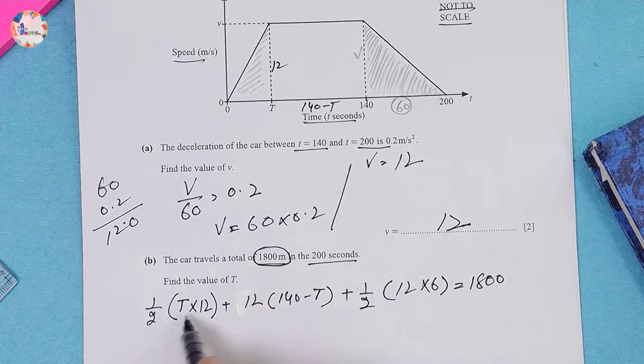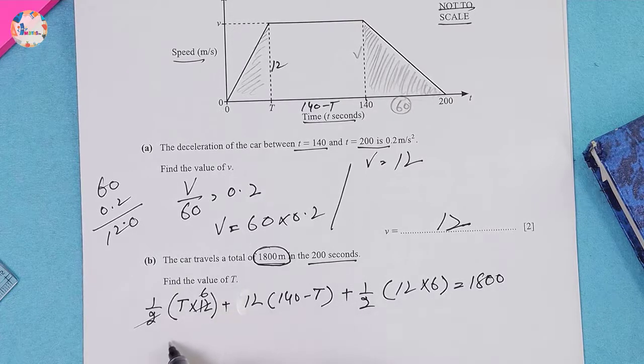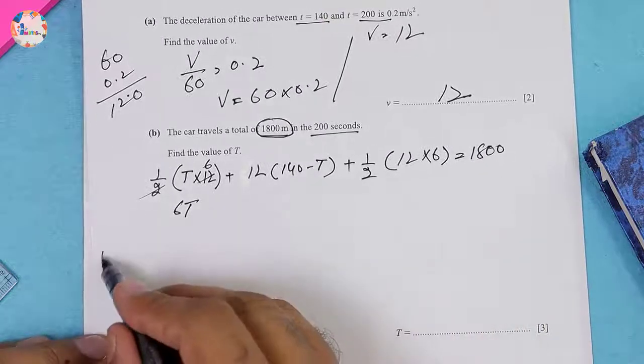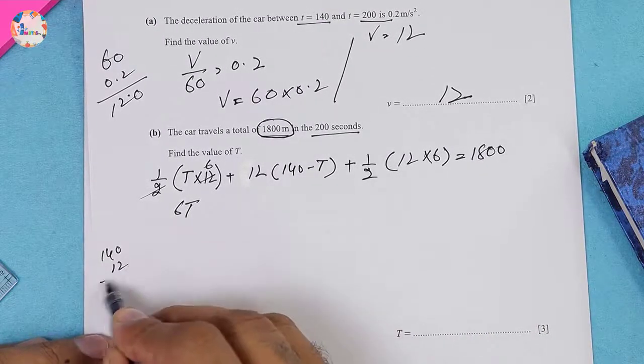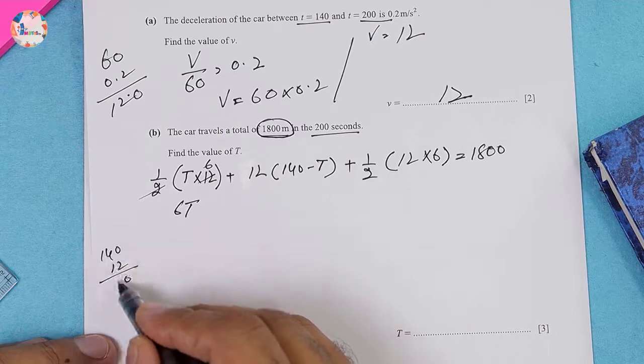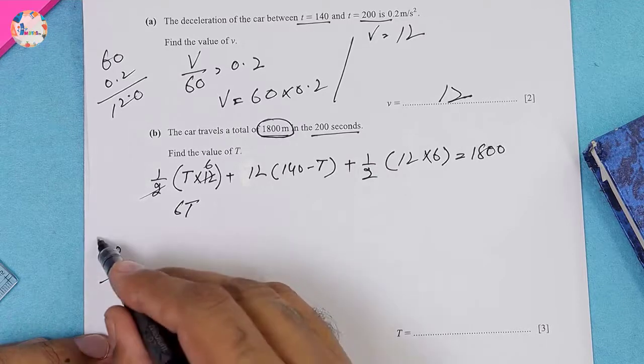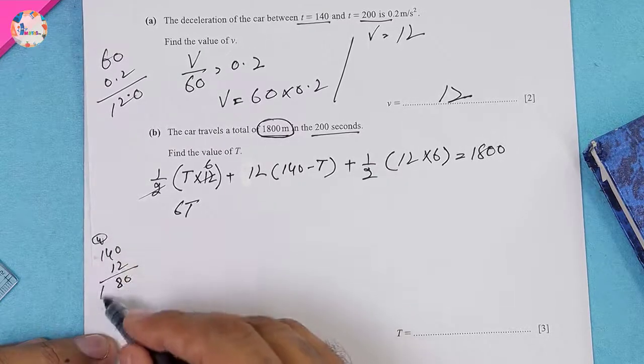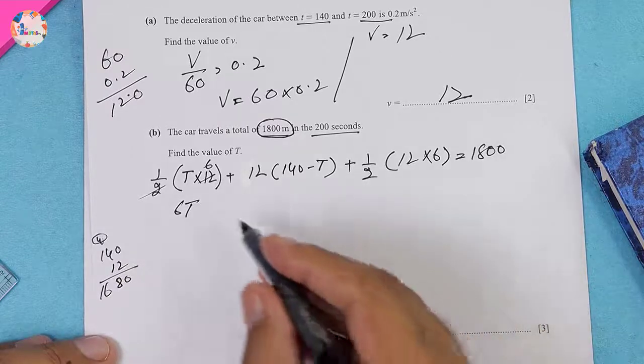Now we can go ahead with this calculation. The 2 cancels with this, giving 60, so 60 and 140 multiplied by 12. 140 multiplied by 12 will be 1680.